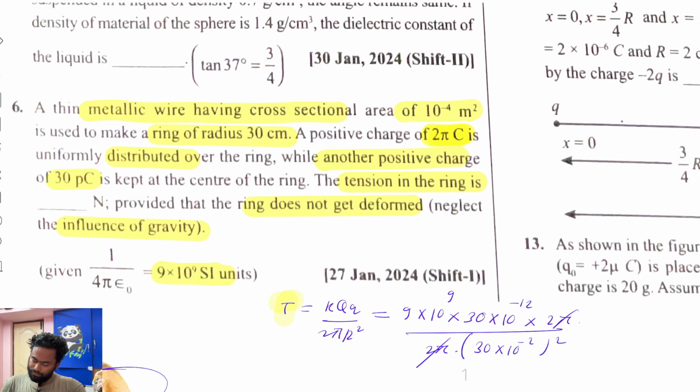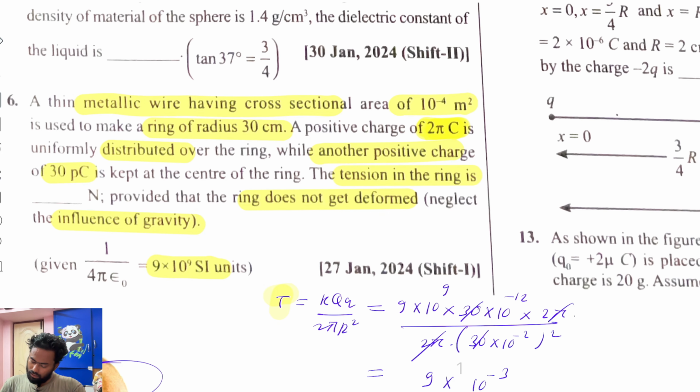One 30 cancels, one will remain. So here 9 into 10 power minus 3 upon 30 will remain, 10 to the power minus 4. So 90 upon 30, that is 3 Newton.